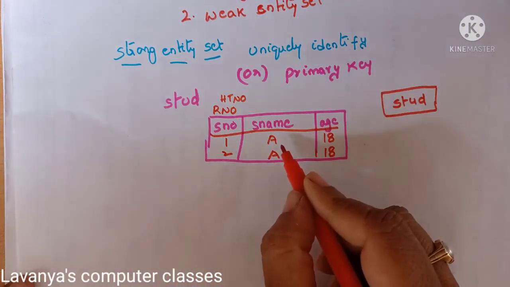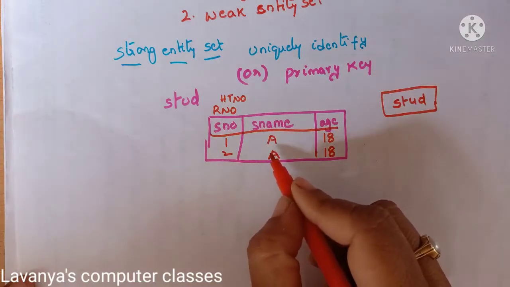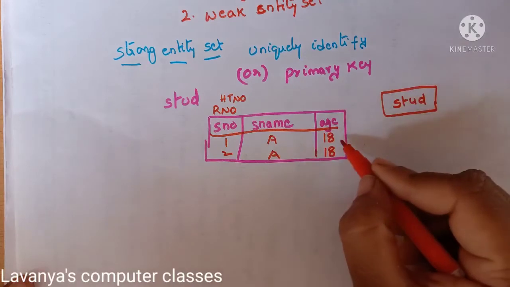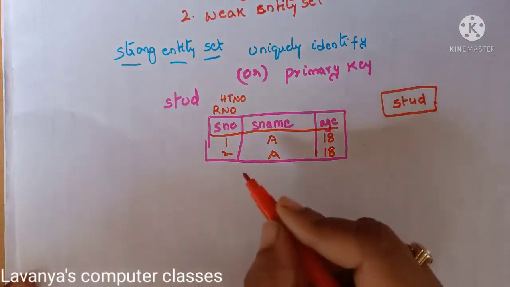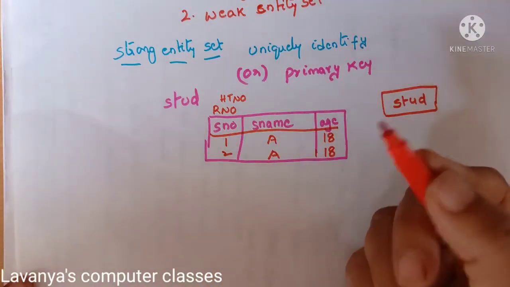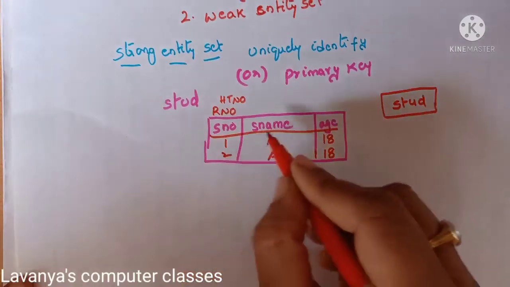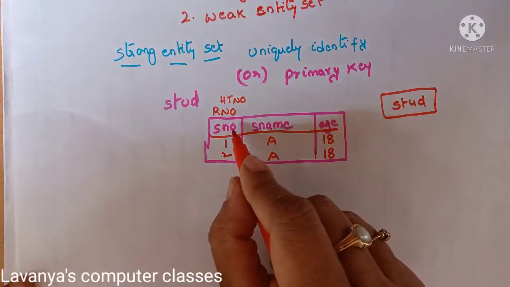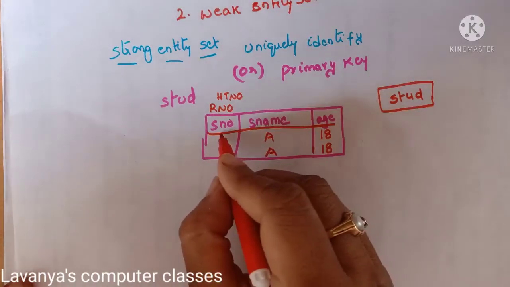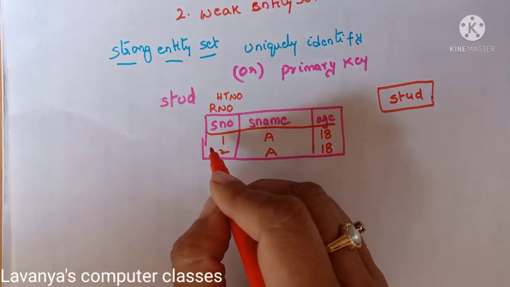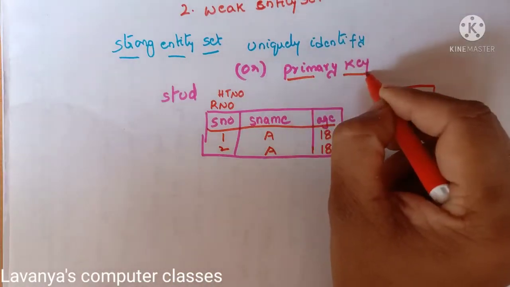If a student is called by the name A, both the students will raise their hand because both the names are the same. Similarly, according to age also it is not possible to identify. So how can you differentiate one student from another? We need at least one field that is different from the other records, with uniquely taking values. That is possible through the primary key.